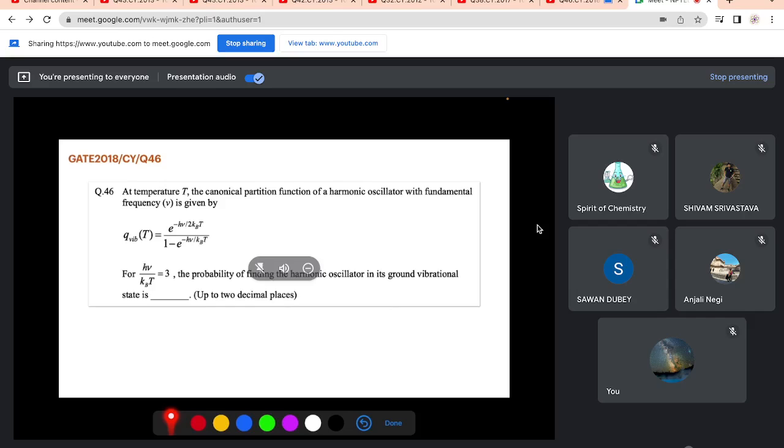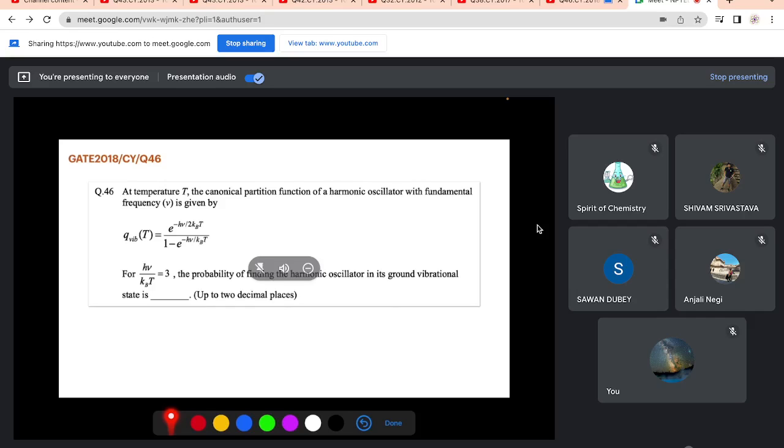So the probability for the ground state, that is j equal to 0, will be p0 is equal to n0 upon capital N, which will be written as the exponential e to the power minus e0 upon kBT, upon the canonical partition function for the given ground state harmonic oscillator.